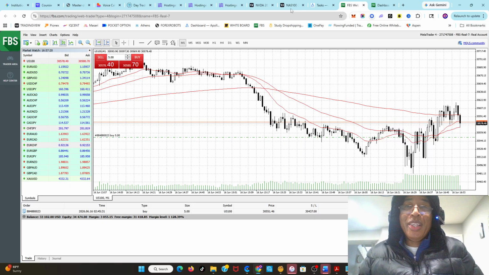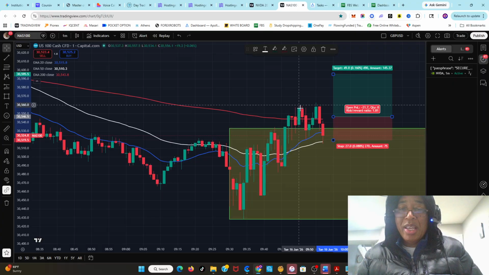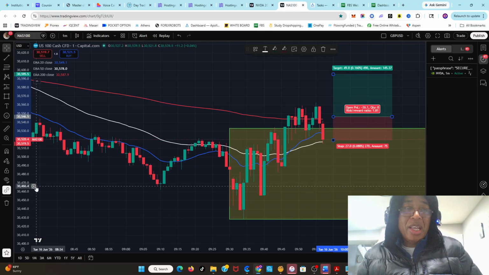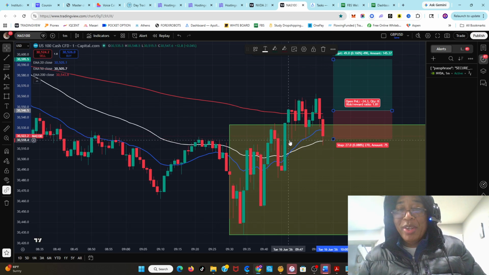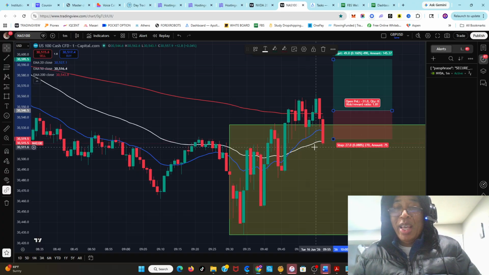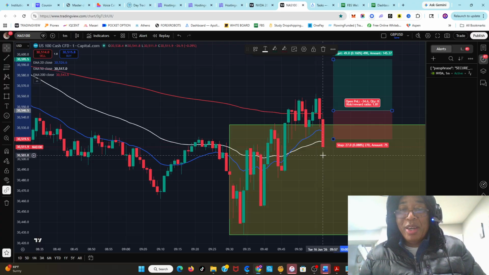You can see here. It came all the way down to take these stop losses that were down here. Okay, so that's purely what we call liquidity hunts. And now it's going all the way down, to the opposite direction.